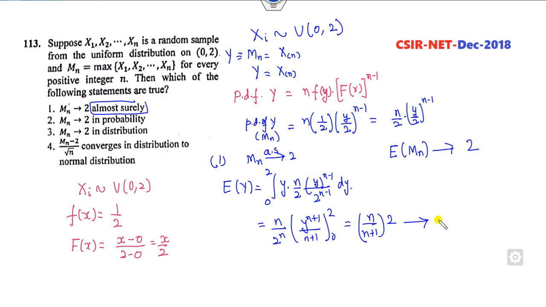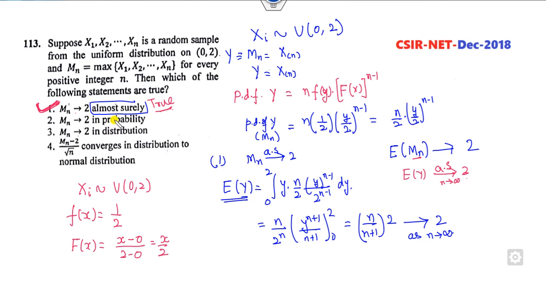Now it goes to 2 as n goes to infinity. So that means the expected value of Y goes to 2 as n approaches infinity. So this is a correct statement. It means Mn converges to 2 almost surely.